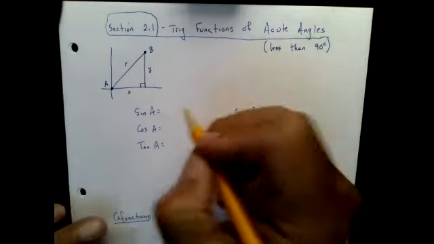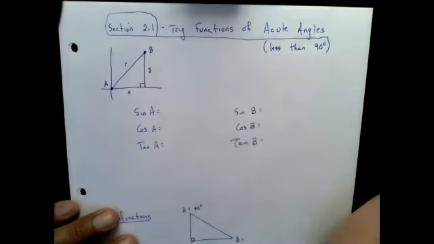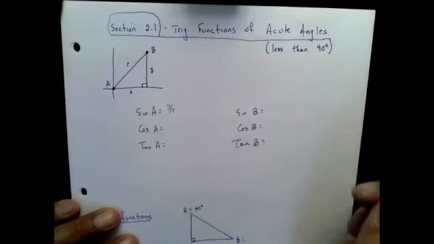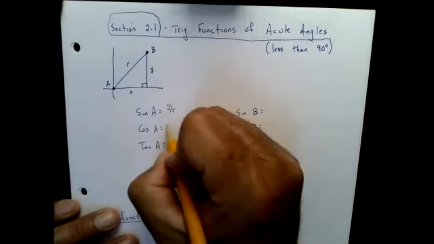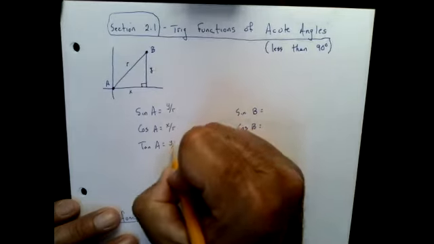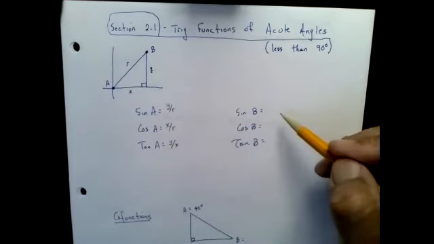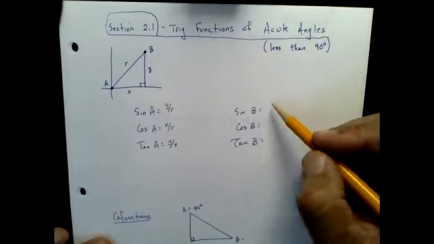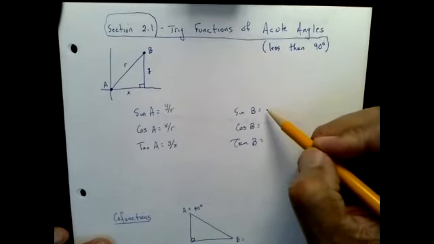If I fill in this first column, what is the sine of A? Y over R. Good. Cosine, X over R. And finally, the tangent, Y over X. Perfect. What if I jump over to angle B? What is the sine of B?